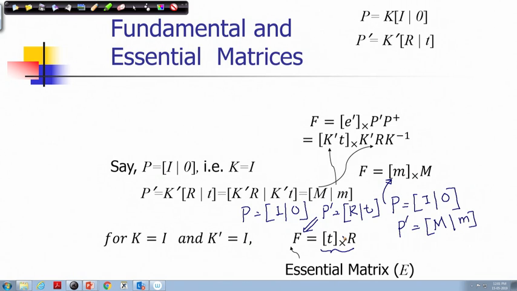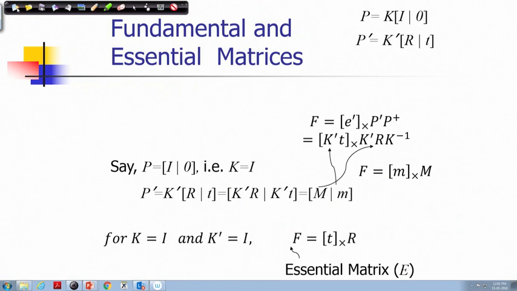It is a cross product of the translation vector with the rotation matrix. We have also defined how you can convert cross product operations into this matrix multiplication form. And then this fundamental matrix is called the essential matrix, and we denote this particular structure by another notation, E, in our discussion. So, this is what we discussed in the last lecture.